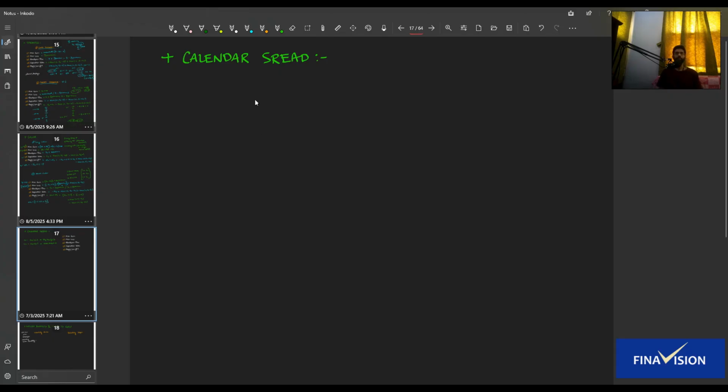Let's say there is a stock XYZ which is right now priced at $100. There are two options. One is expiring in 1 month and another is expiring in 3 months, let's say.